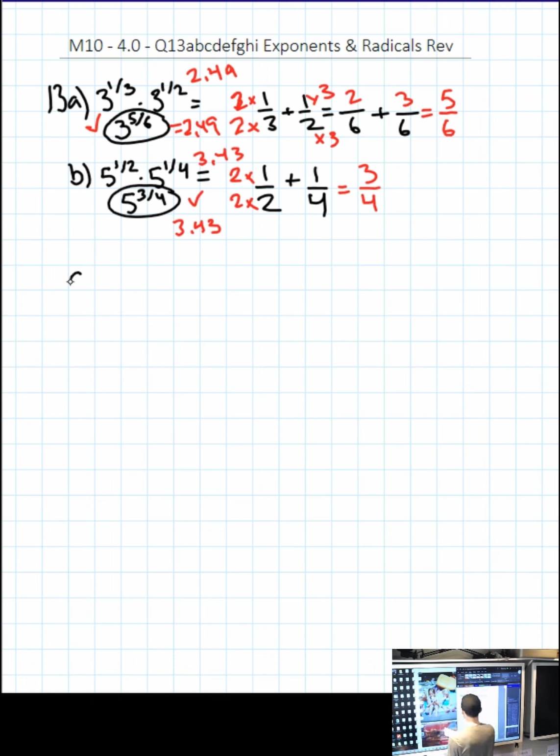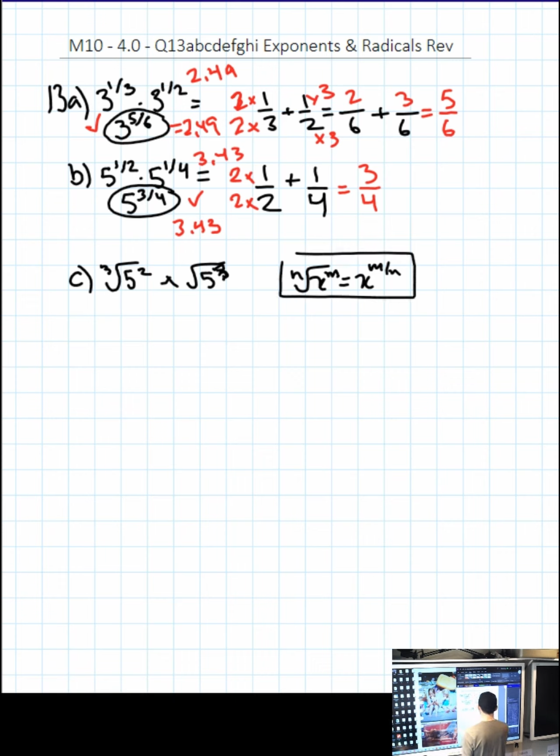Okay, we have C. So we have the cube root of 5 squared times the square root of 5 cubed. So the first thing that we're going to do is we're going to follow the pattern that we learned in the last example, where the nth root of x to the m is equal to x to the m over n, where you either remember that the bottom becomes the root, or the root becomes the bottom, or the top stays as the exponent.